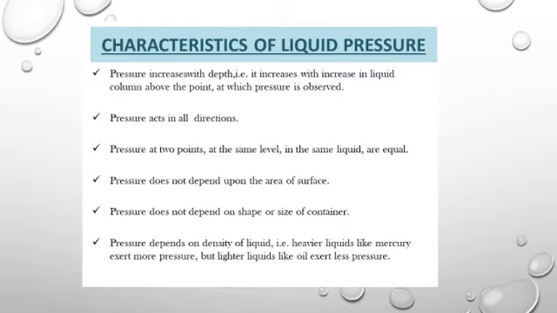Pressure does not depend upon the area of surface. Pressure does not depend on the shape or size of the container, and liquid pressure depends on the density of the liquid, that is, heavier liquids like mercury exert more pressure, but lighter liquids like oil exert less pressure.